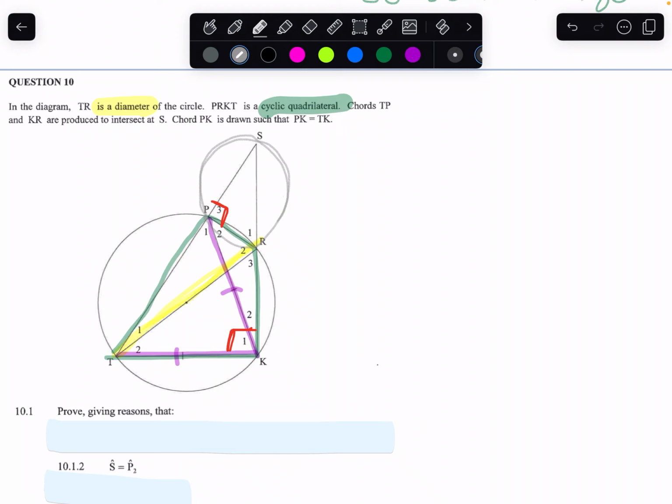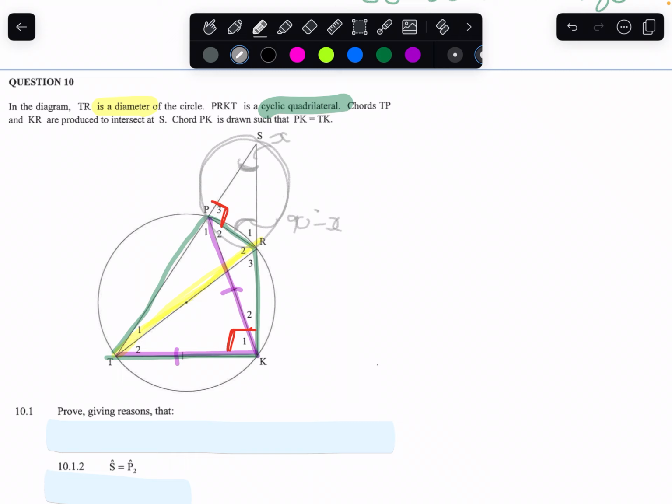So I mean, I am tempted to say, you know, let's call this X, right? So then this angle here will just be 90 minus X, right, in order for them to all add up to 180.